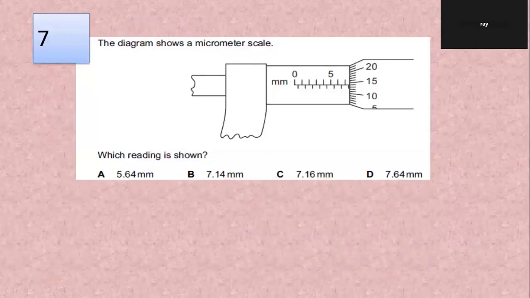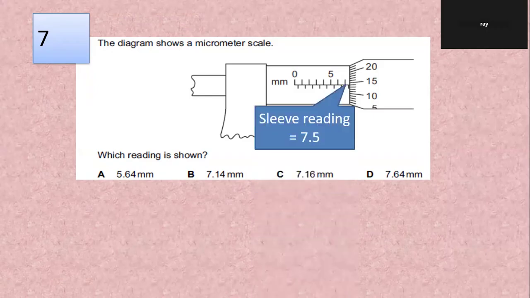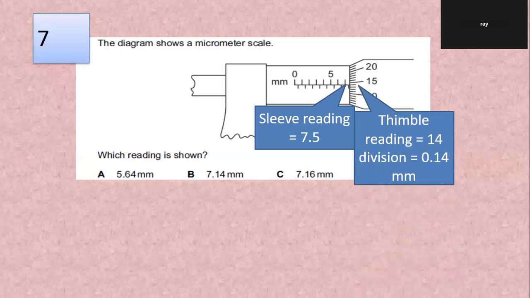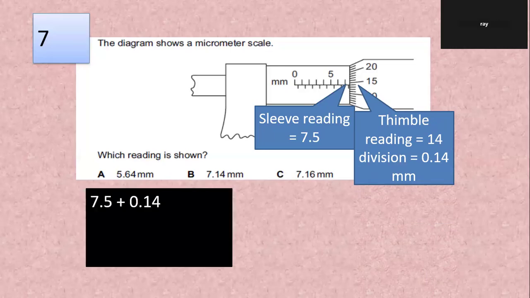Okay, what's the reading for this one? 7.54, can or not? 7.64.